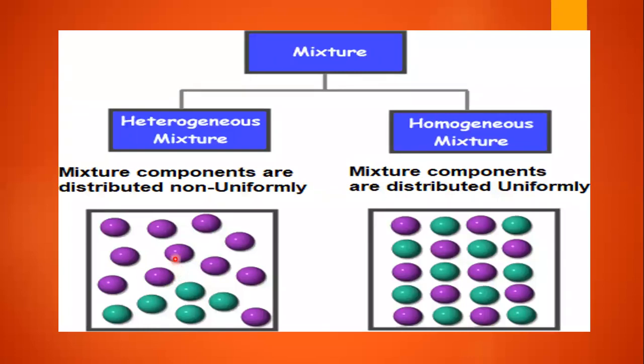Importantly, a homogeneous mixture is used in SI engines, and a heterogeneous mixture is used in CI engines. Because of this, the losses are very few. Mainly due to incomplete combustion we face losses in the case of CI engines.